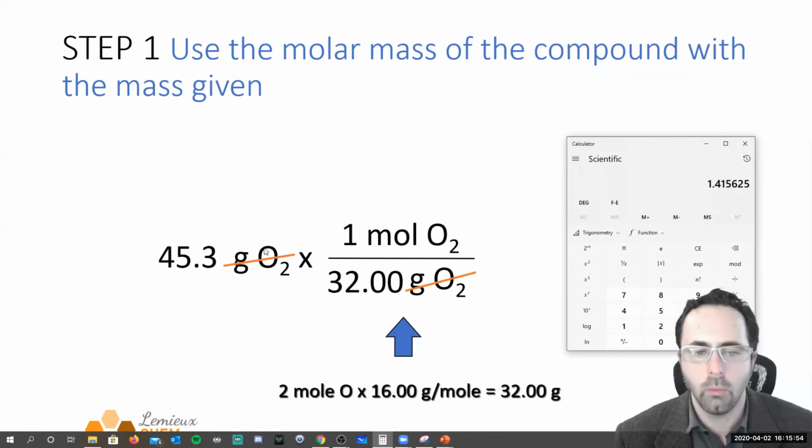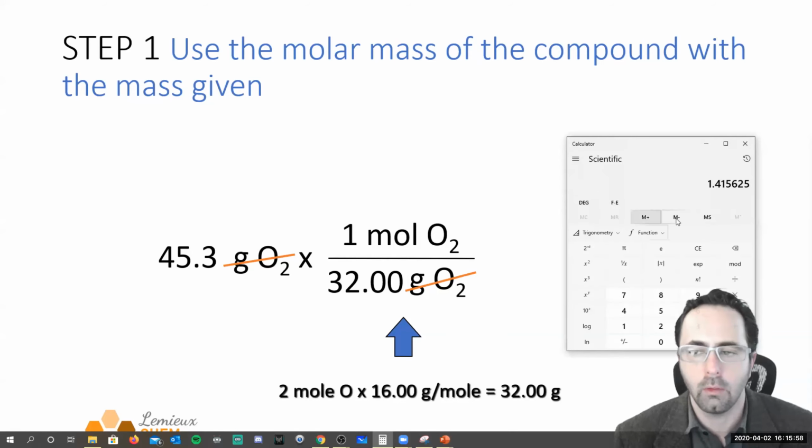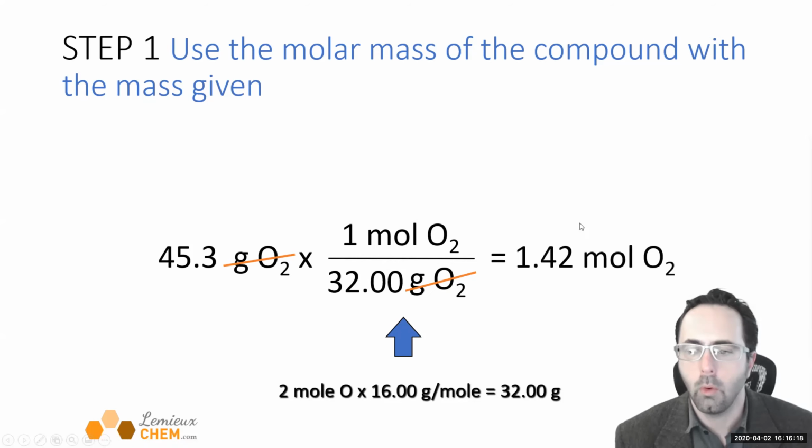The 45.3 has 3 sig figs. So we want our result to also have 3 sig figs. So we're going to go up to the 1. And since there's a 5 next to the 1, we'll round this up. It will be 1.42. And so let's write that down now. 1.42 moles of O2.